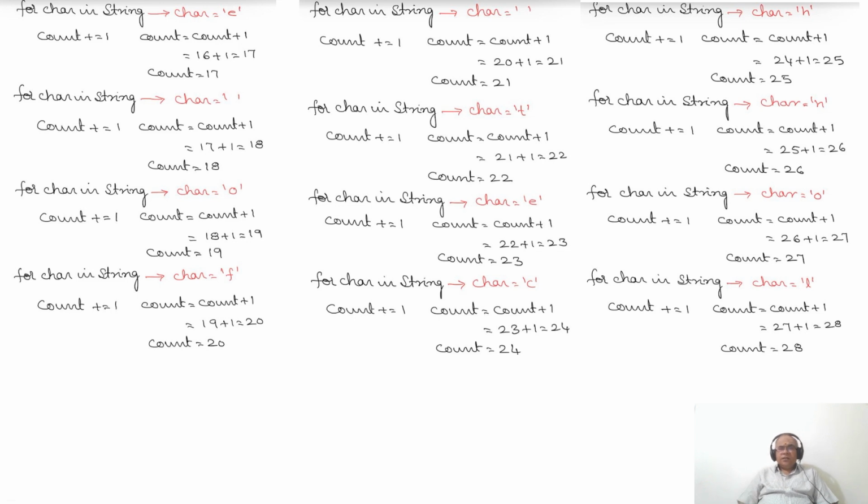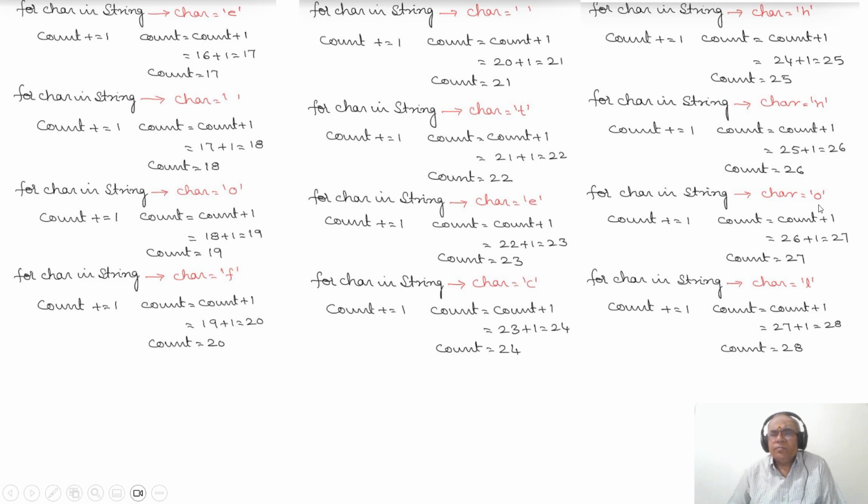Then char is equal to H, H is available in string S, count is equal to 24 plus 1, it becomes 25. Then for char in string, technology, N, count is equal to previous value of count 25 plus 1, it becomes 26.